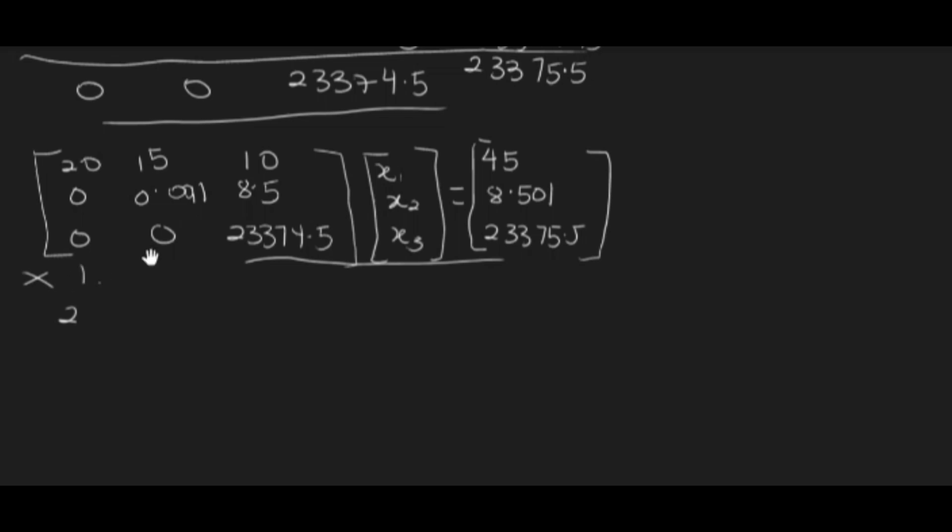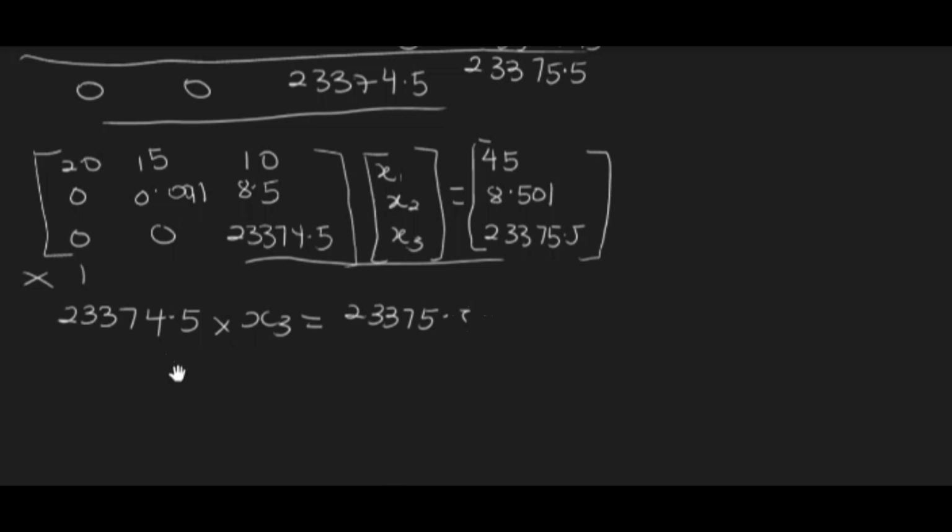So back substitution. So now we are going to do that. So we have to find the value for x3 first. So 23374.5 times x3 should give us what? This side, 23375.5.